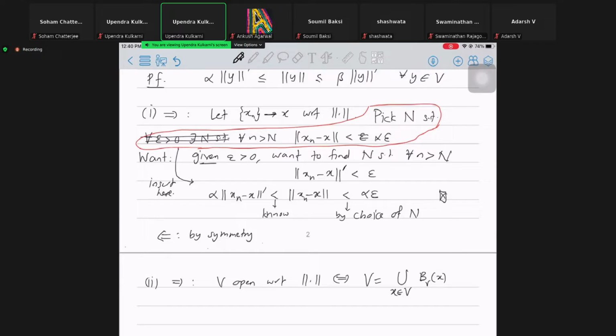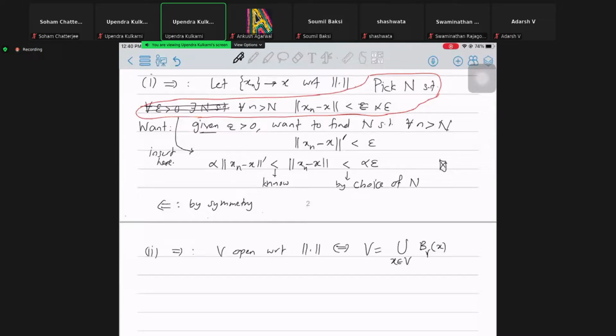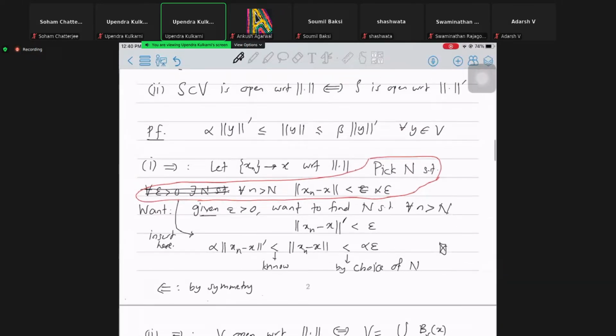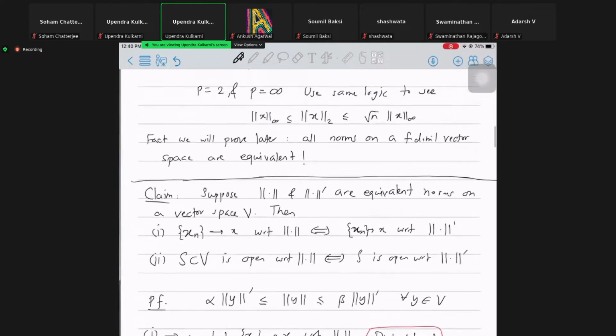So here we can say, so this is a ball with respect to, but you see, I now just get to do the job. So what did we say over here?